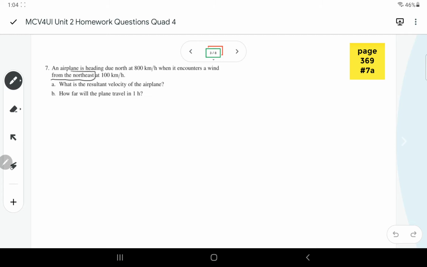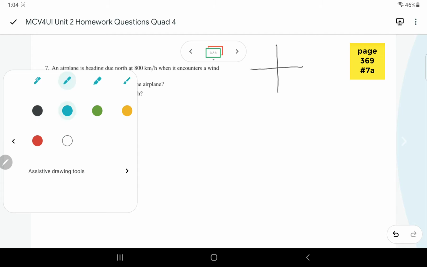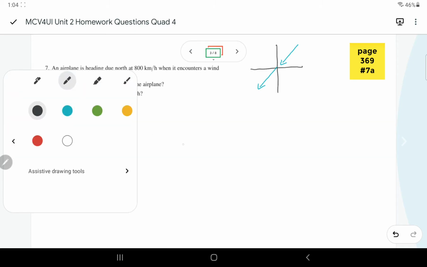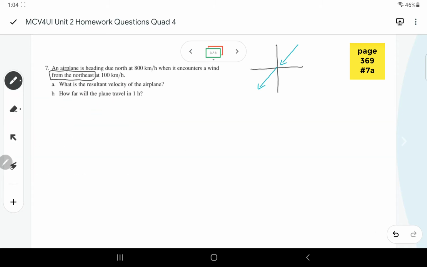"From" means that's where the wind is coming from, but it's going towards the southwest. So my wind velocity is not going to the northeast. That's a common misconception there.